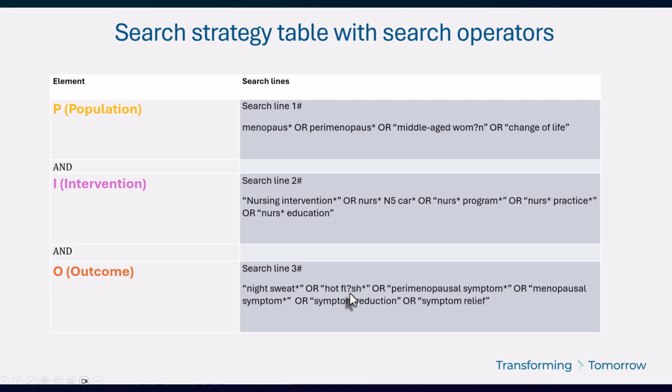We have also included what is known as a proximity operator, where it reads nurse asterisk N5 CAR asterisk. This will search for the word nursing or nurse because we have included an asterisk which will search for variations in that stem word within 5 words of the word care, carer, or caring within a sentence.